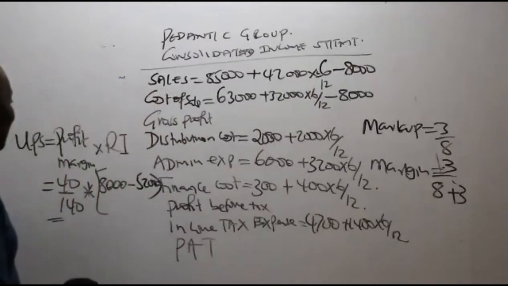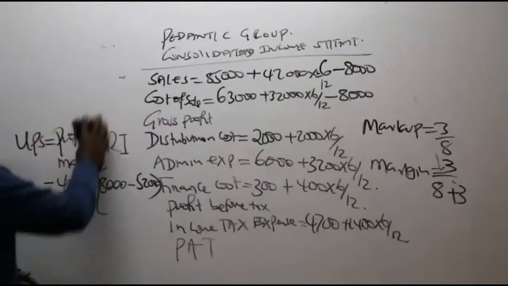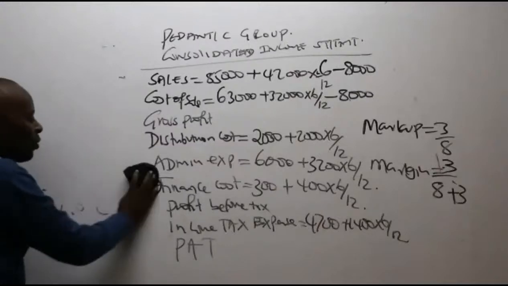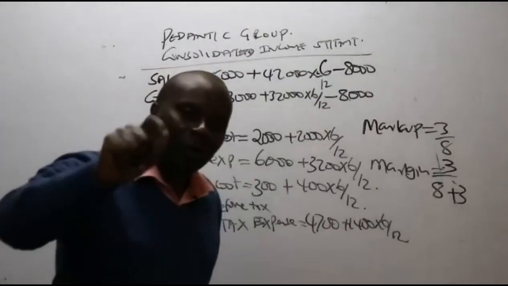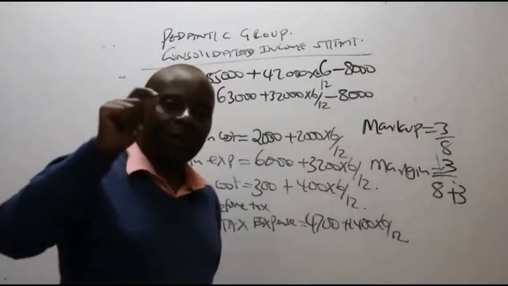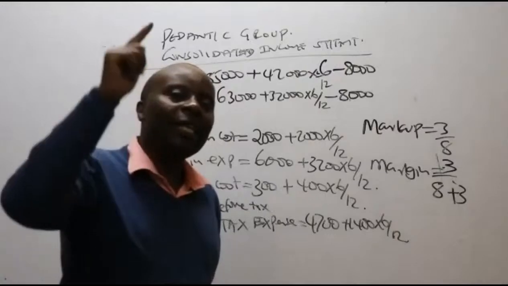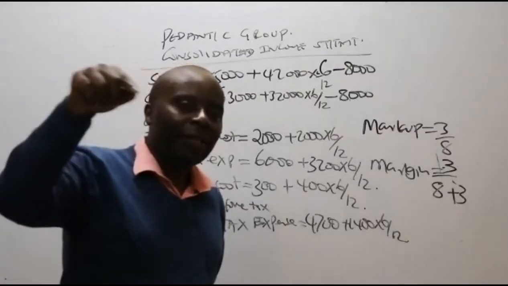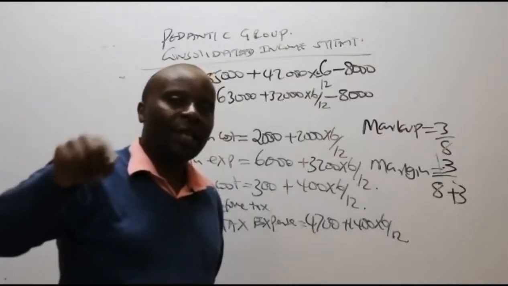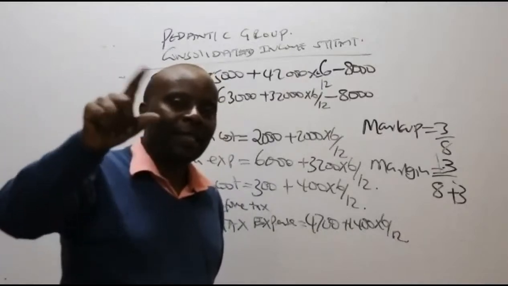Now, ladies and gentlemen, listen to me very well. Once I get these unrealized profits on stock, they'll affect 2 areas. They'll affect the cost of sales and the inventory in the balance sheet. Because remember, IAS 2 tells us that stock should never be kept at a profit.